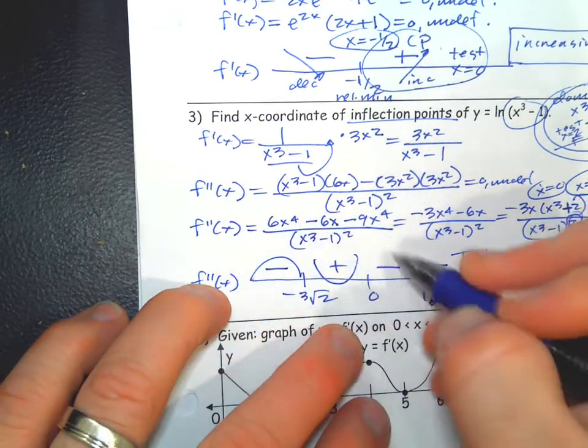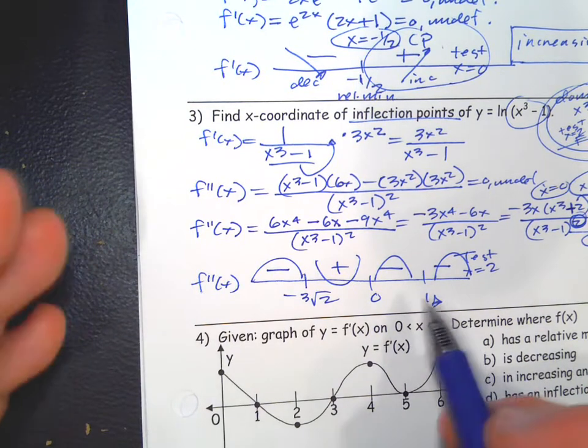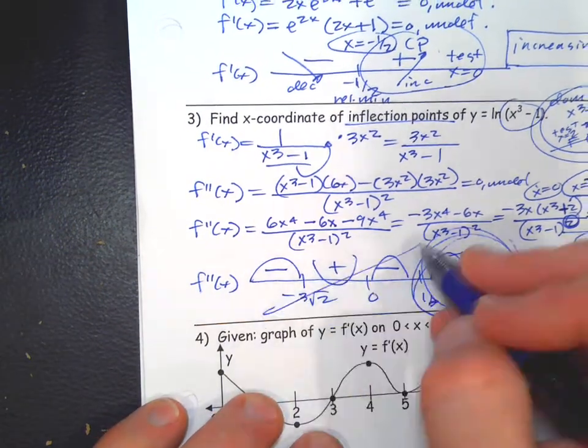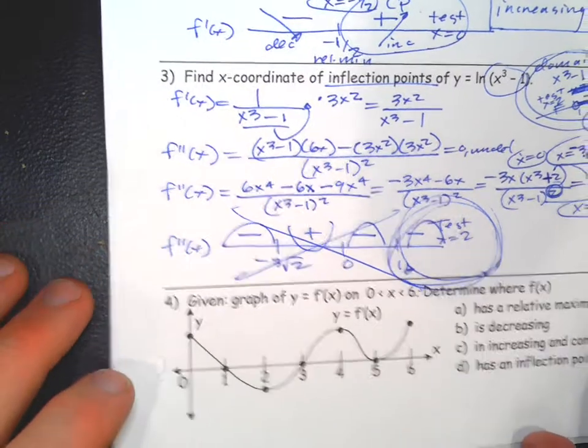Concave down, concave up, concave down, concave down. Now, if there are no domain issues, you could use this, but this is it. The graph is concave down for its entire graph because it only exists when x is greater than 1. So watch out for domain issues.